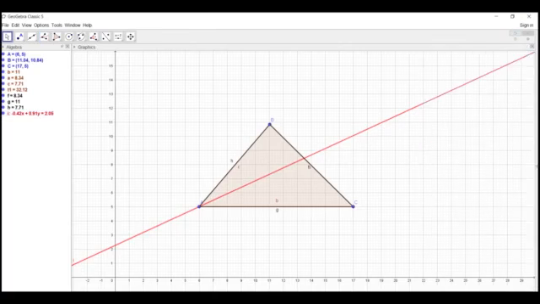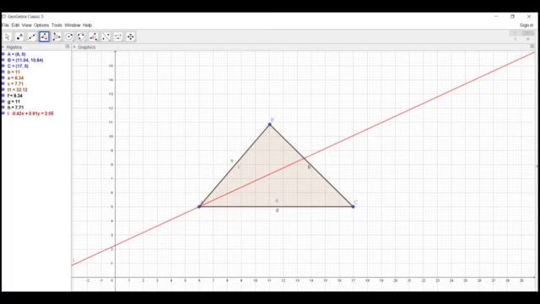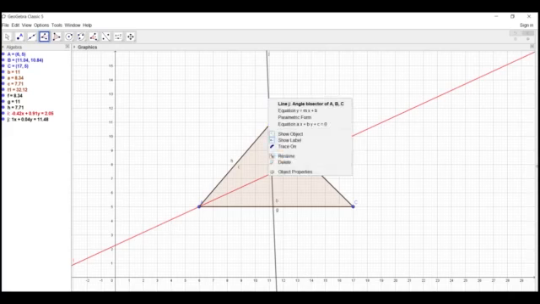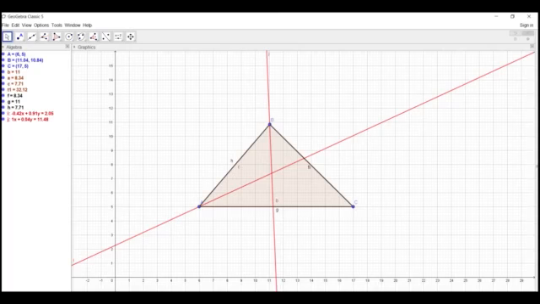Then we have to draw the angle bisector of angle B. So this is the angle bisector of angle B. So let us change the color to red, so that we can easily identify which lines are the angle bisectors.